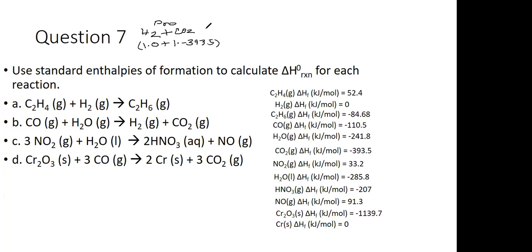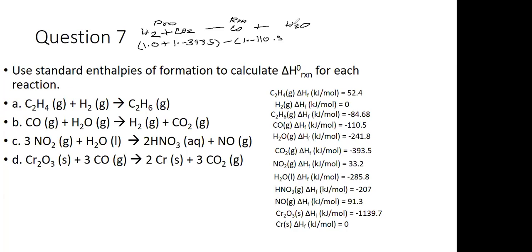We're going to subtract those from our reactants. Our first reactant is carbon monoxide, so minus 1 mole of carbon monoxide, 1 times negative 110.5. And we're going to add that to our other reactant, H2O gas.